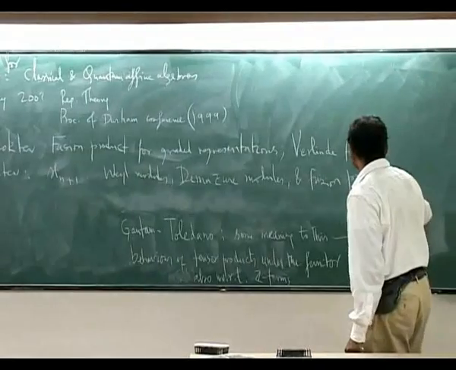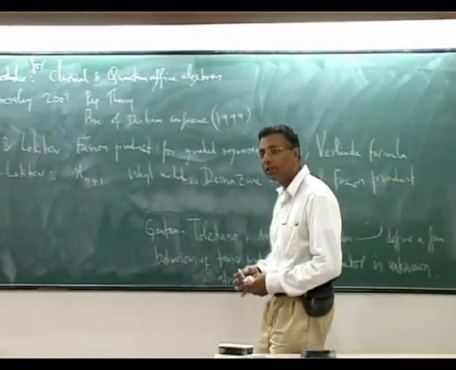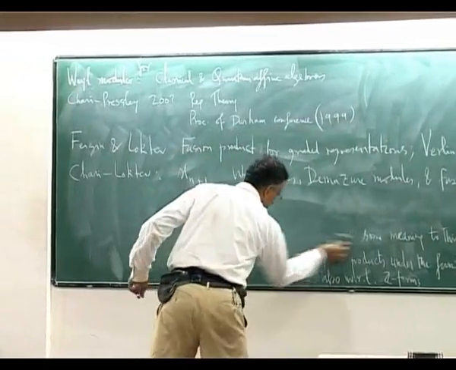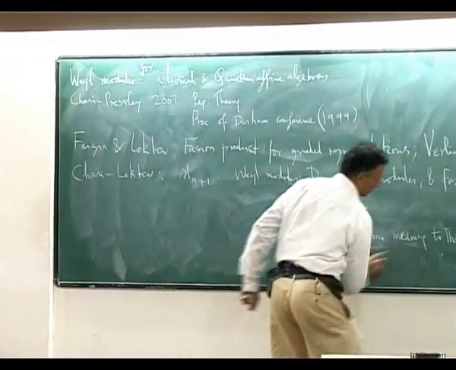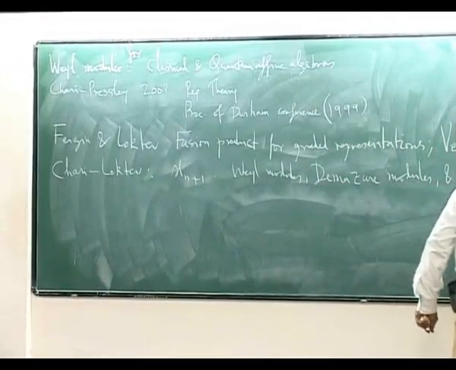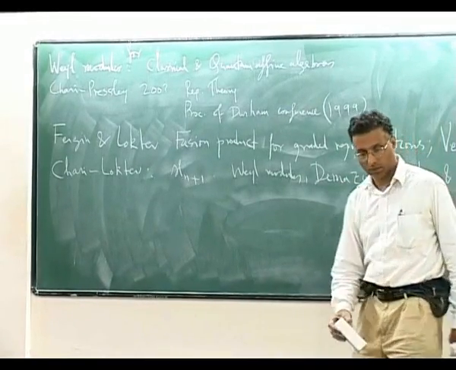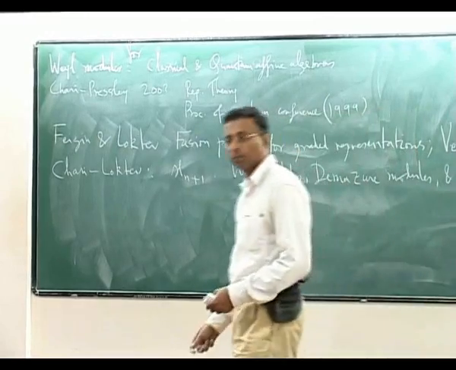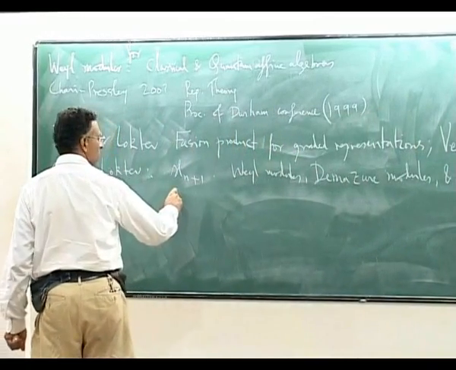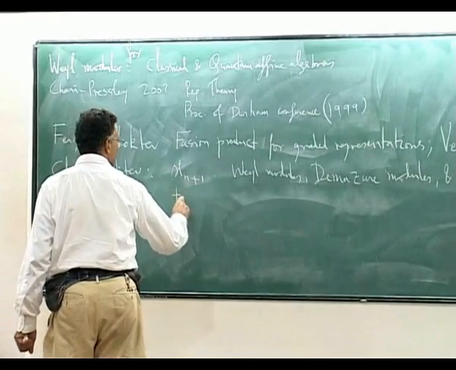Sorry, once again, what did you, so in Fagin, Loktev defined this thing called fusion products, right? Families of modules coming from SL_{N+1}.